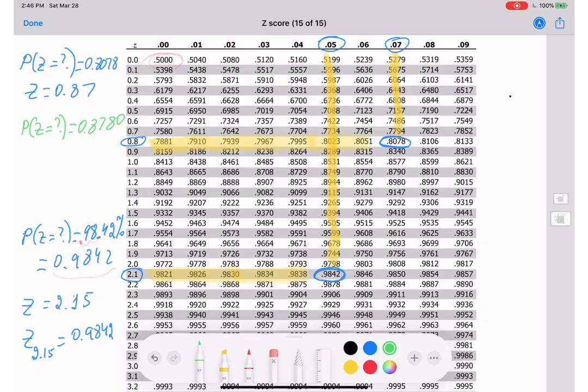So I'm looking for the closest one. 87 here is 29, 8719, 8770 and 8779. So 8780 is falling right in the middle, right?